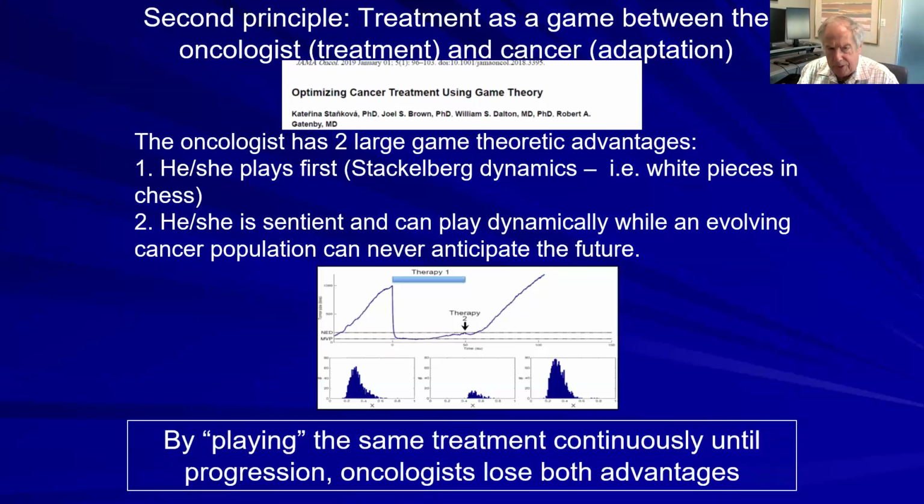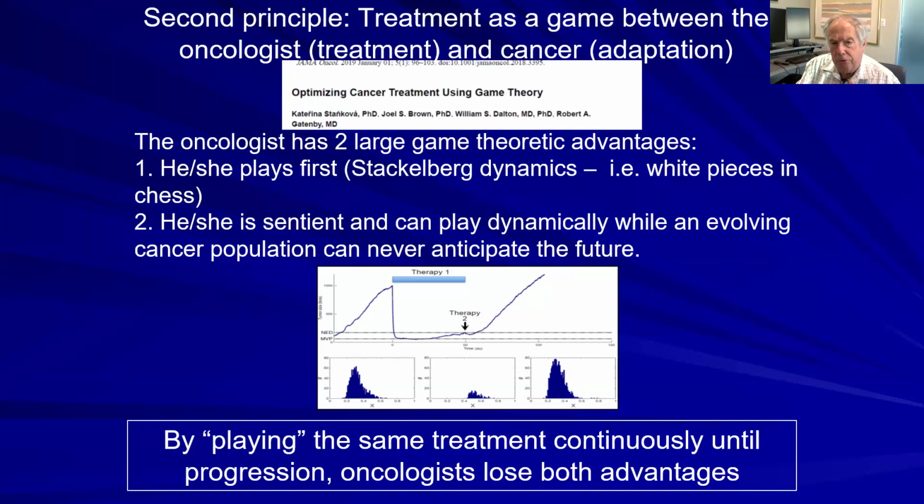The problem is that oncologists have used a treatment paradigm for the last 5 decades, and that is they apply the same treatment agents continuously at maximum tolerated dose until progression. Notice that by doing that, the oncologist keeps giving the same treatment over and over again, and does not change therapy until the tumor has progressed.